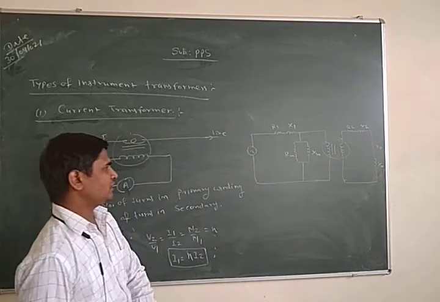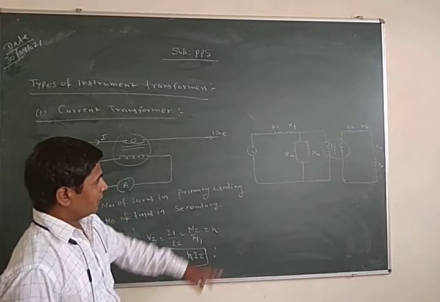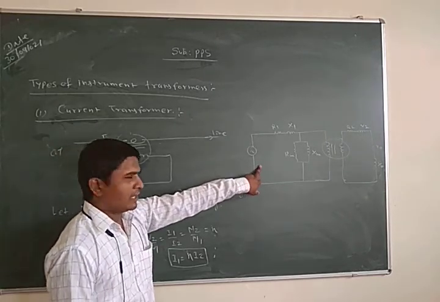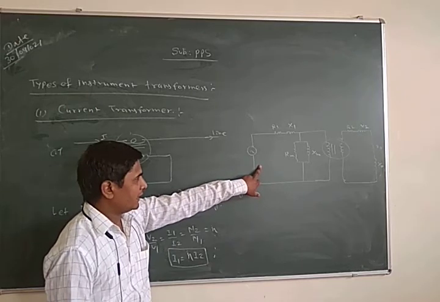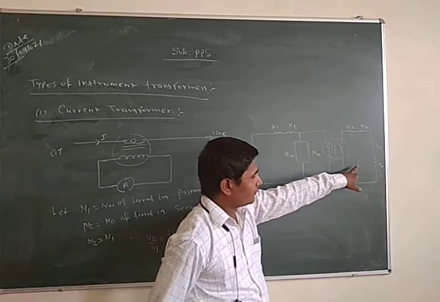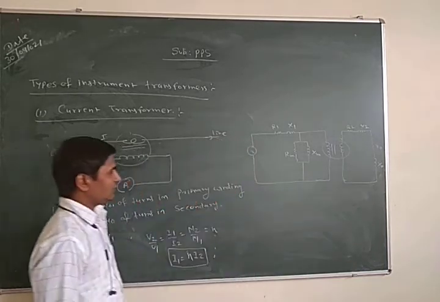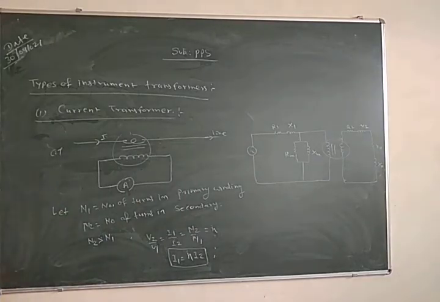So this is the equivalent circuit for current transformer. The equivalent circuit is similar to power transformer, but here there is a difference that loading of CT is very less than a power transformer. This is the basic difference between power transformer and instrument transformers.